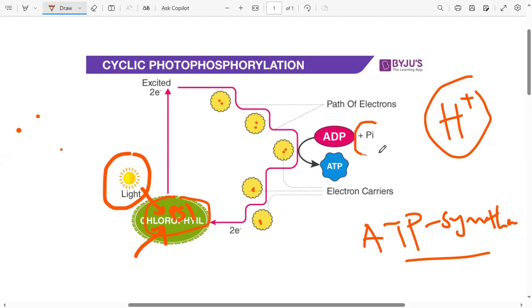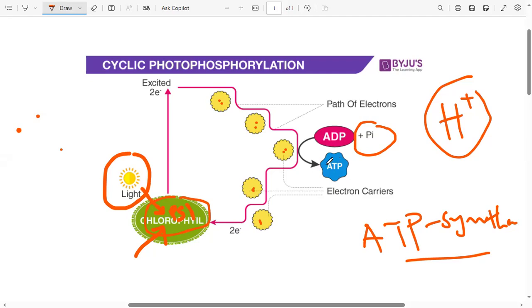By adding an extra what? Phosphate. We add another phosphate to the ADP, and then it becomes ATP. Remember this is adenosine diphosphate, and this one is adenosine triphosphate. So this ATP synthase will add a phosphate, and then ATP will be produced.